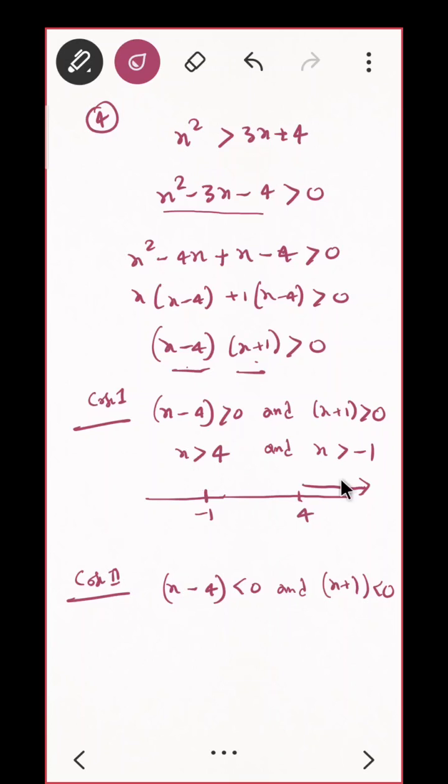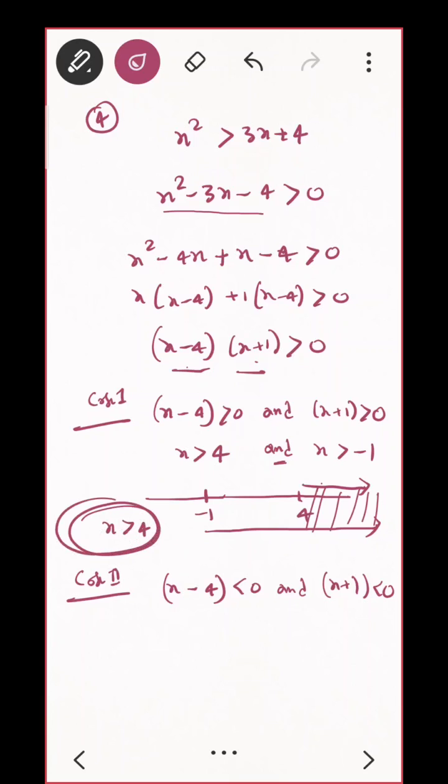So what is the final answer from there? What is the common region? 'And' means common region. So what is the answer? x is greater than 4 is the final answer.